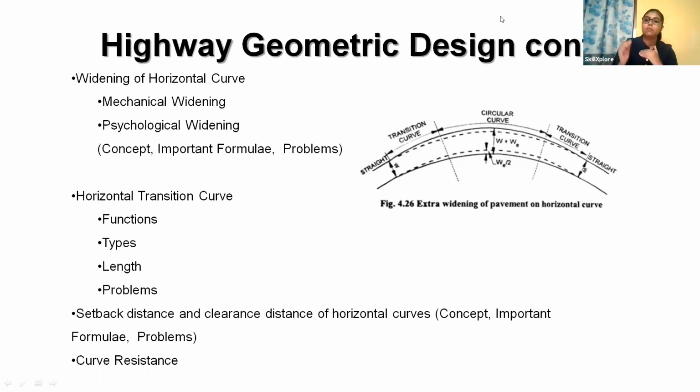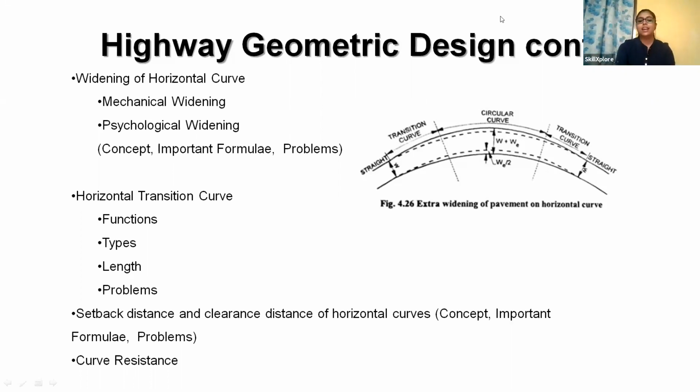To avoid this, we will be giving extra width to the pavement. That is known as mechanical widening of the pavement. We can provide this width to one side alone, or we can evenly distribute it to both sides. All these things we have to study.